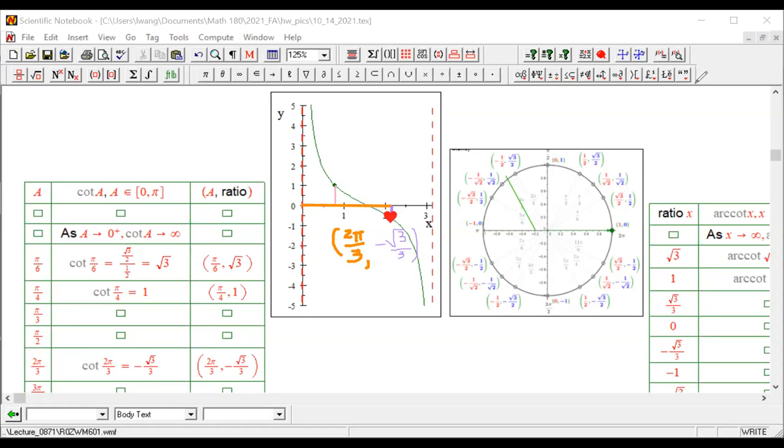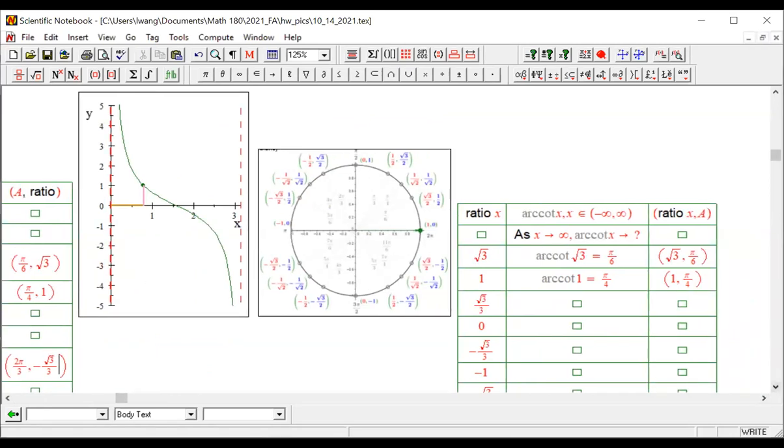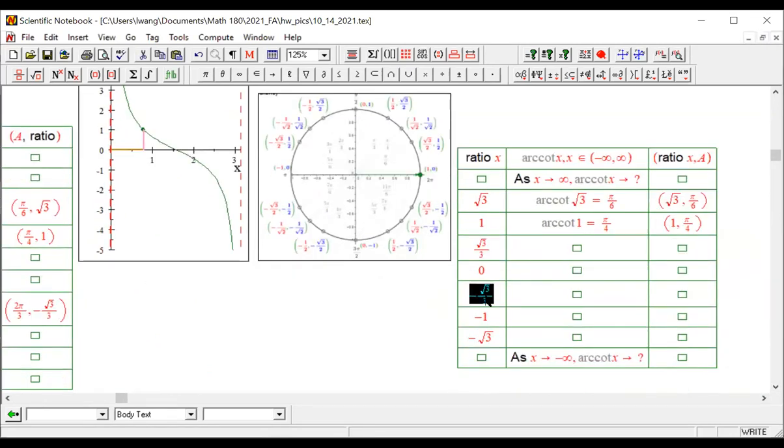Can we go to arc cotangent and do point negative radical 3/3? Arc cotangent negative root 3 over 3.